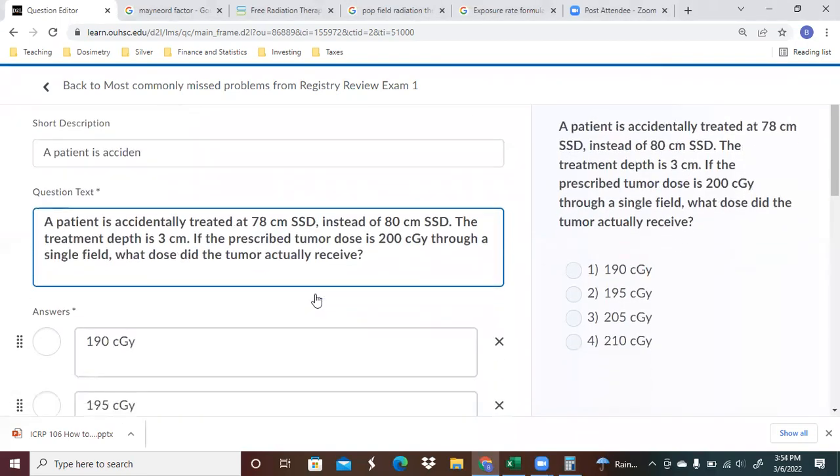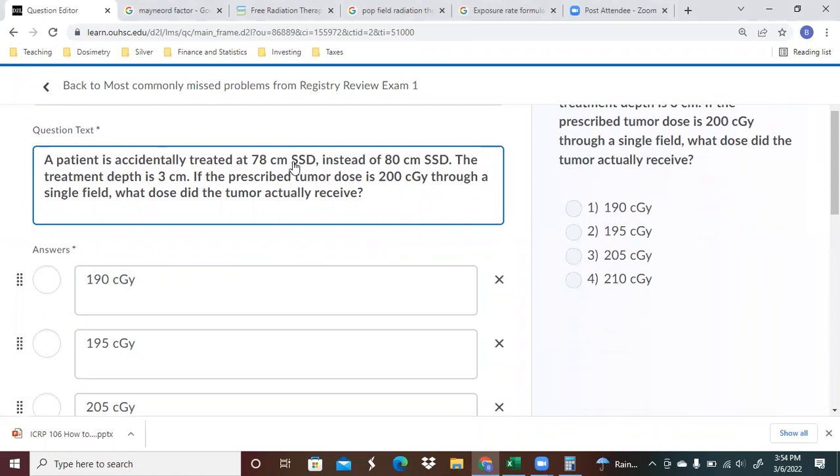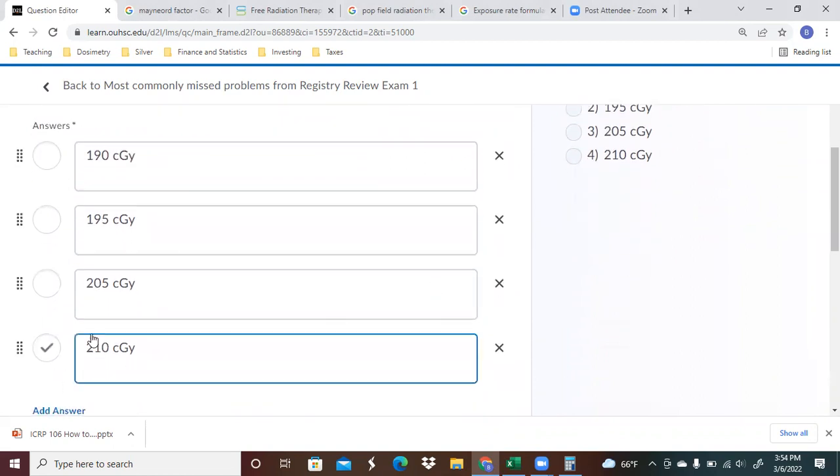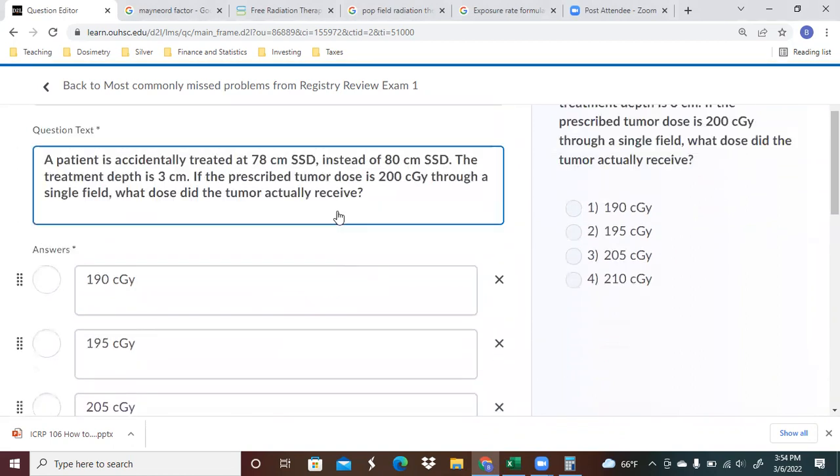A patient is accidentally treated at 78 cm SSD as opposed to 80. The treatment depth is 3 cm. If the prescribed tumor dose is 200 centigray through a single field, what did the tumor actually receive? In this case, you can see the answer is going to be 210. The question is, how did they get to it?